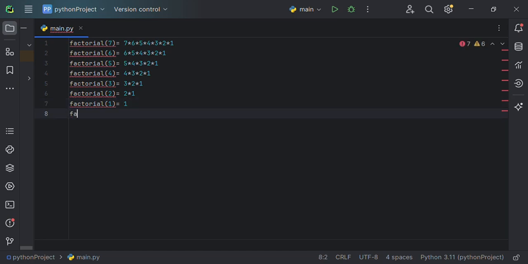A factorial of 0 is 1 by definition. This is a rule.